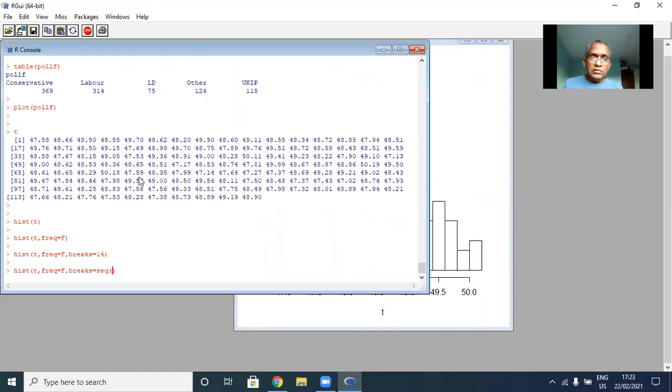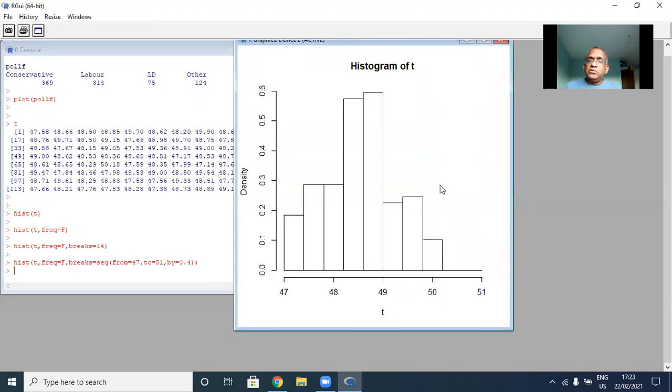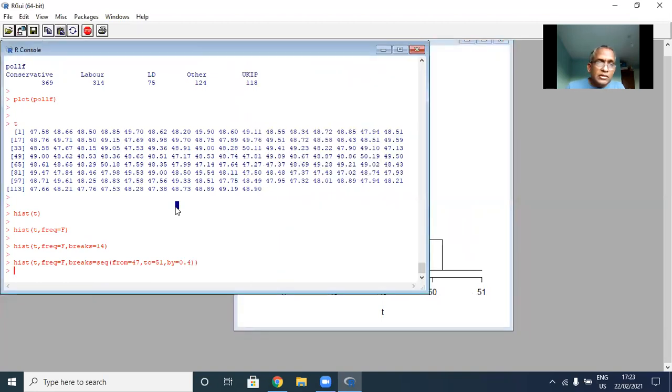You should say sequence from, say, 47 to 51 in steps of, say, 0.4. This is what you will get. You see the breaks along the x-axis are from 47 to 51 in steps of 0.4, right?